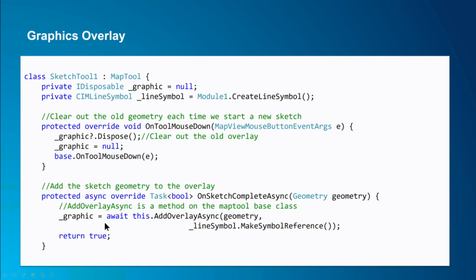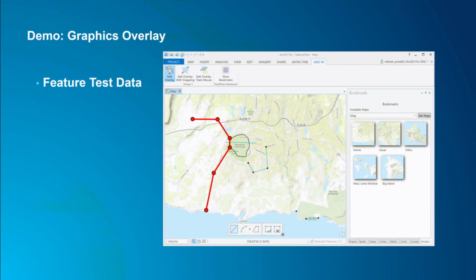The returned object, we call it underscore graphic here, and we keep it as a private member in our class. When the mouse down is clicked again, we use that underscore graphic and we dispose of it. This will clear the graphic that was drawn on the Pro overlay before, clearing it from the display. And we have a little sample for the graphics overlay.